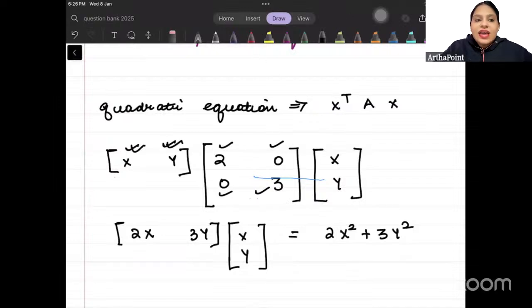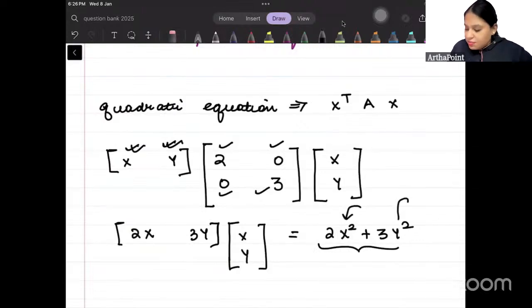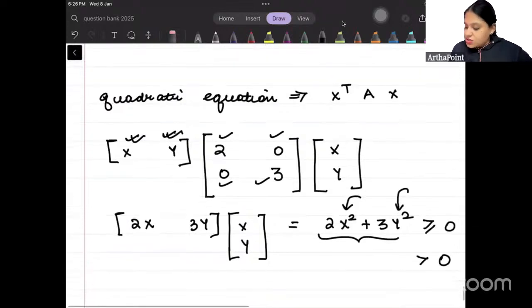And we had discussed that whenever you get such a quadratic equation, कल भी हमने डिस्कस किया था, x square तो हमेशा नॉन नेगेटिव होता है, ये भी हमेशा नॉन नेगेटिव होता है. So this is always greater than equal to 0 and it is strictly greater than 0 when x and y are non-zero.